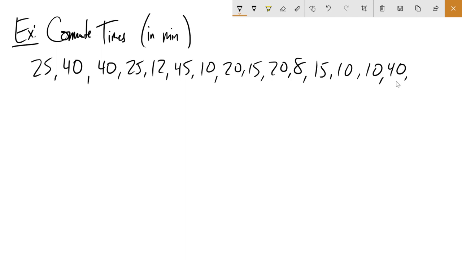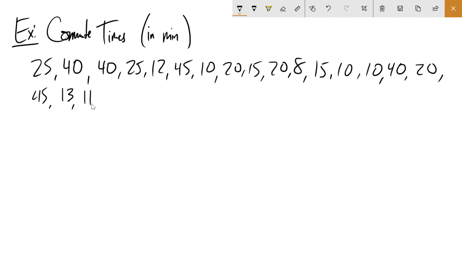Then 20. Okay, and then 45. 13. 11. There you go.